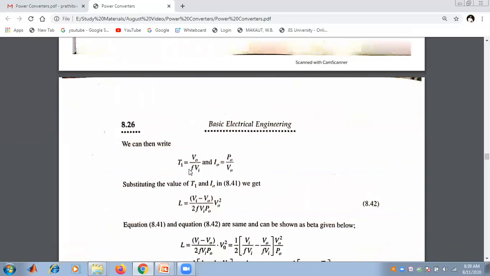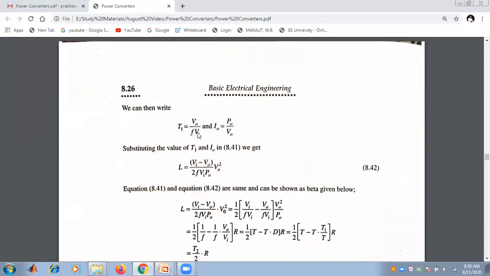So we can write that T1 is equal to V0 by F Vi and I0 equal to P0 by V0. Substituting the values of T1 and I0, we find the value of L, that is Vi minus V0 into V0 square divided by 2F Vi P0.